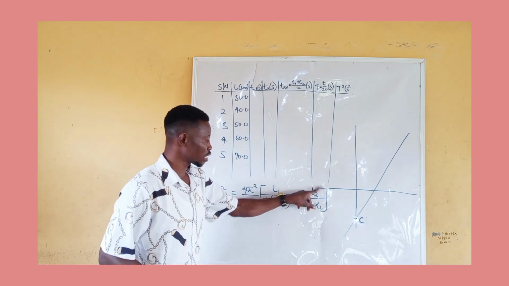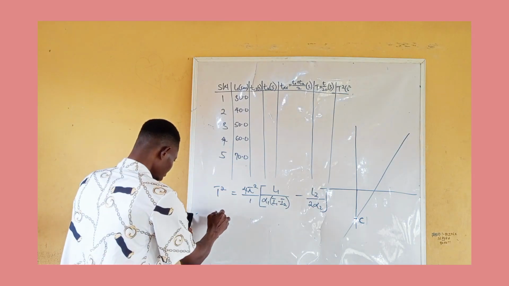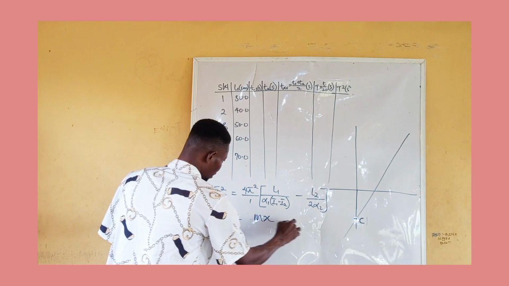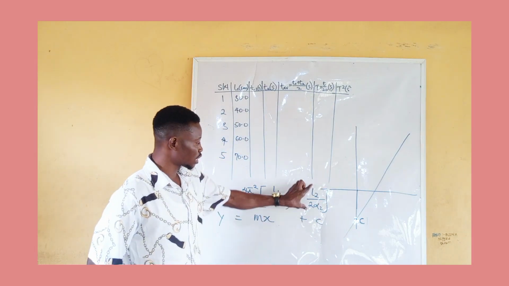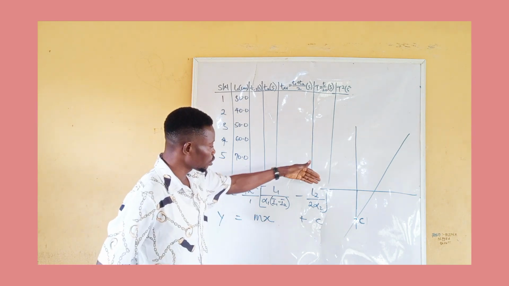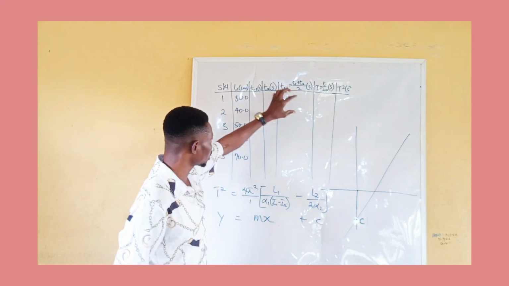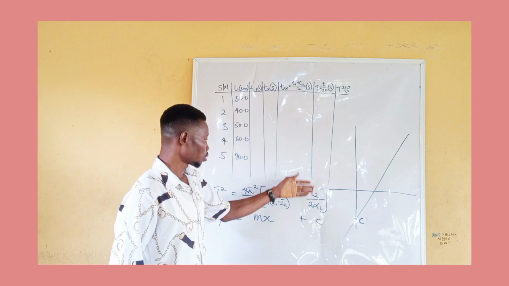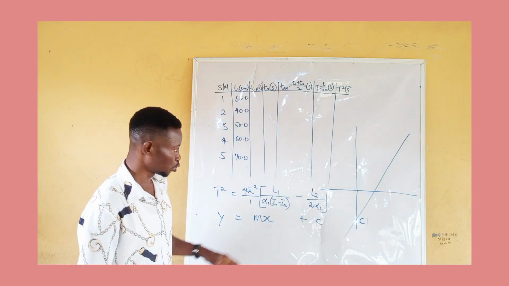So what we have here is the intercept of the graph. Don't forget that the straight line equation is always of the form y equals mx plus c, plus or minus. In this case, the intercept is a negative intercept. And when you already know the length L2, which is the length of the spring, you can calculate the torsional constant of the spring used.